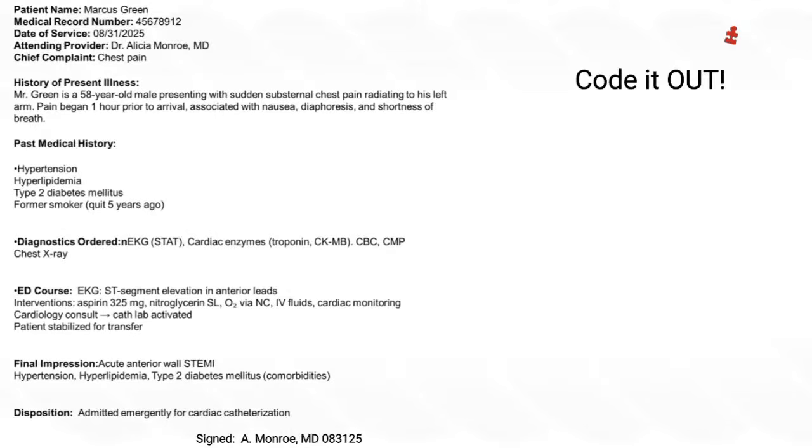Pain began 1 hour prior to arrival, associated with nausea, diaphoresis, and shortness of breath. Past medical history: hypertension, hyperlipidemia, type 2 diabetes mellitus, former smoker, quit 5 years ago. Diagnostic tests ordered: EKG, stat.